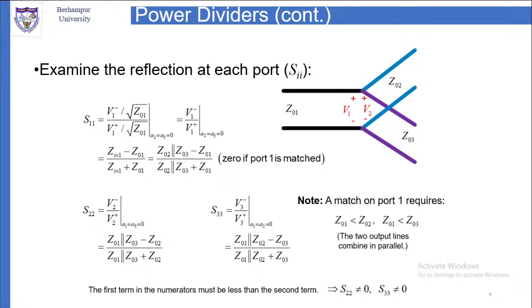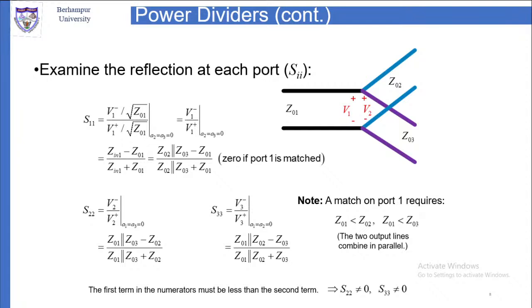Now in these expressions for S11, S22 and S33, the expressions that we have found out, the first term in the numerators must be less than the second terms. That means S22 is not equal to 0, S33 is also not equal to 0. That is the condition.